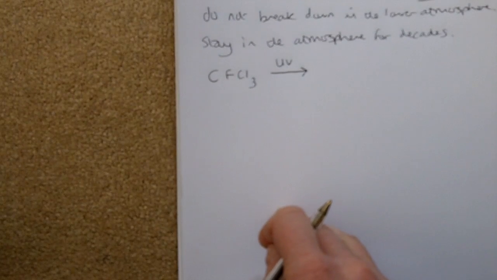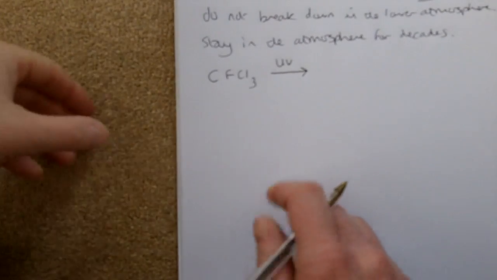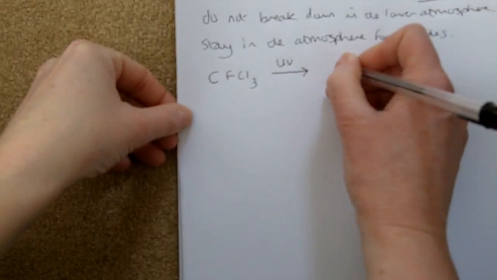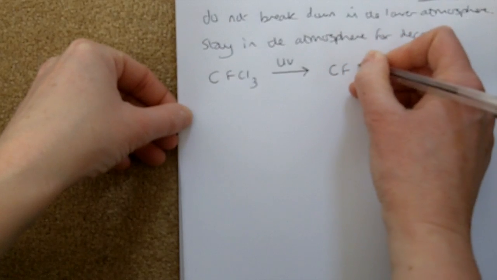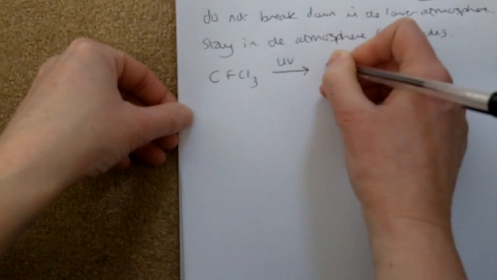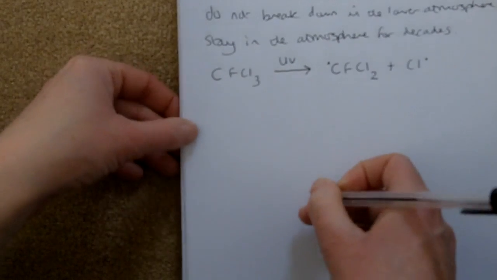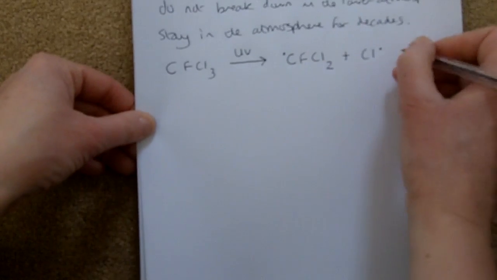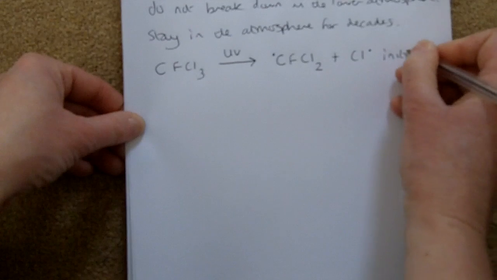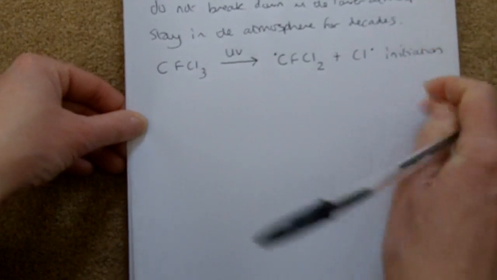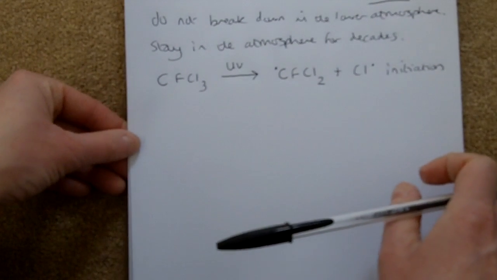C-F is a very strong bond, and C-Cl is a very strong bond as well. The first step is that you break off a chlorine radical. Remember, a radical is an unpaired electron, and that first step is called initiation. This happens in the stratosphere.